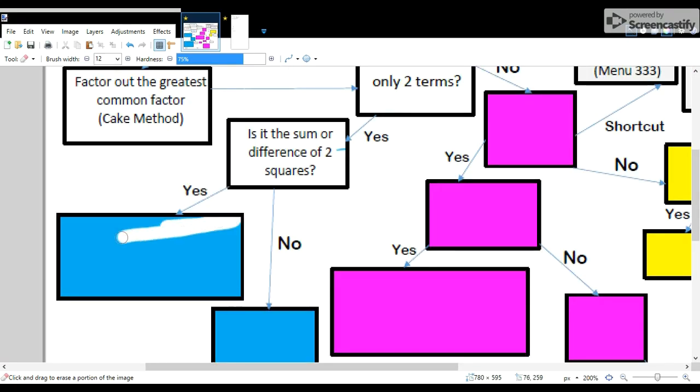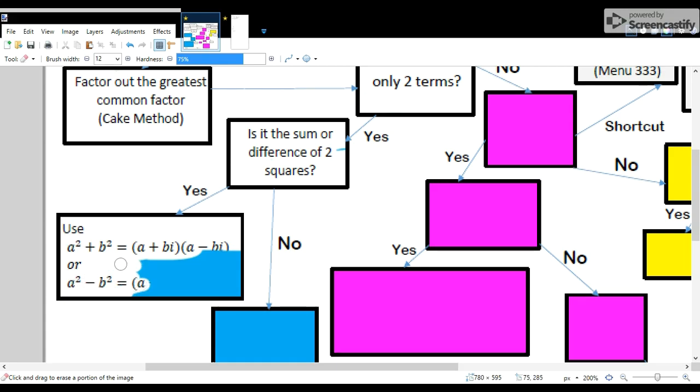If so, you'll use these equations. a squared plus b squared equals parentheses a plus bi times a minus bi. Or if it's a squared minus b squared, you can use a plus b times a minus b.